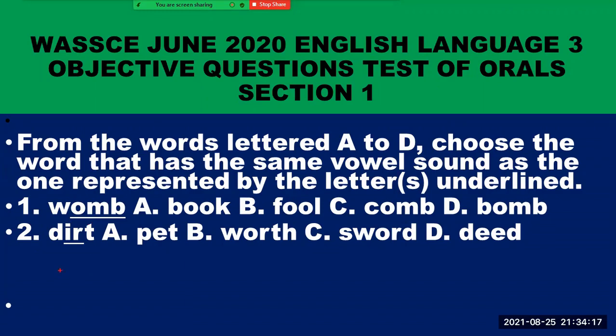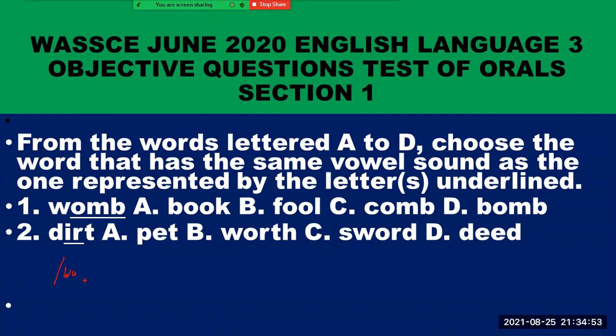First you need to understand that when you transcribe this, womb, that exactly is what you find. The word womb is the exact word you find, and the sound of the U there is what we are looking at.